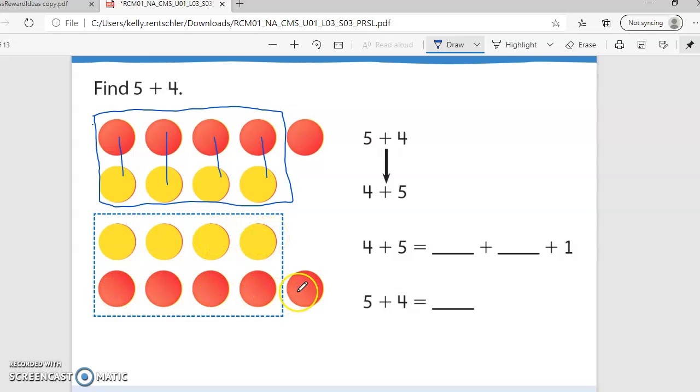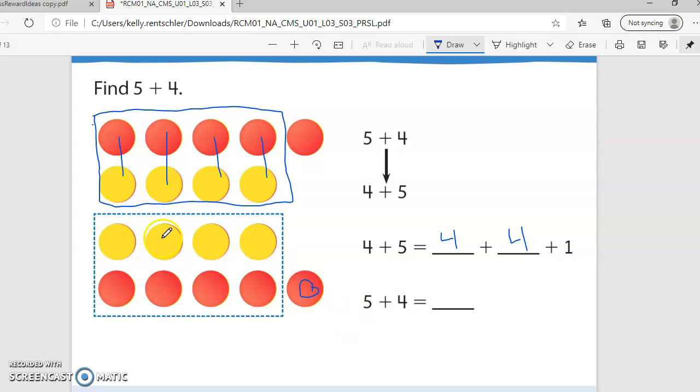And then there's 5 red ones. So they're showing 4 plus 5. This is a little confusing how they write the equation like this. What they want you to write here is the doubles fact. So it would be 4 plus 4 and then plus 1, right? Because we still have this one right here that we have to add.